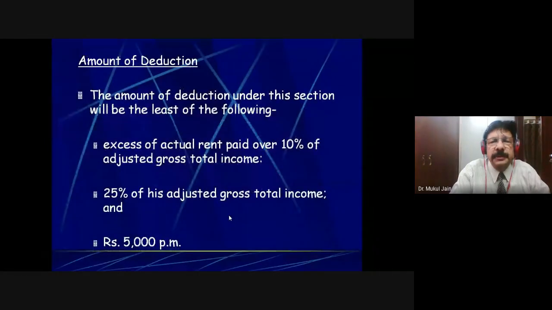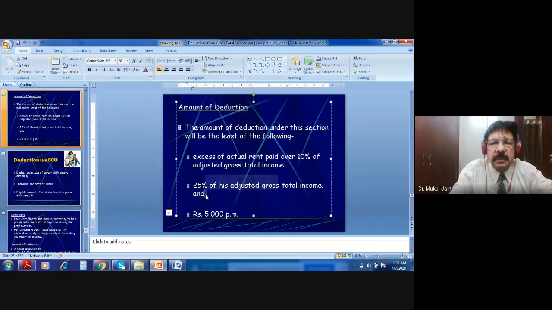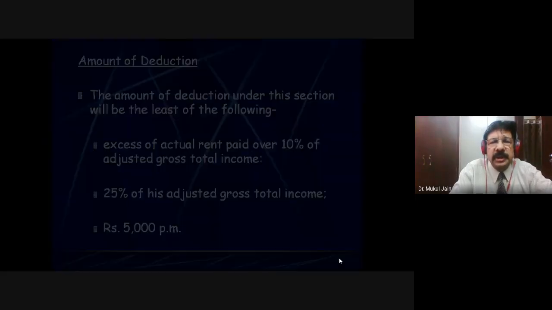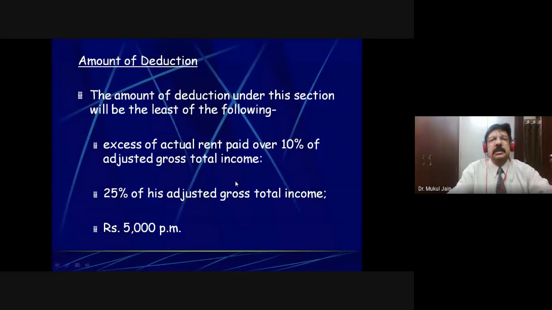So the amount will be the excess of actual rent paid over 10% of the adjusted gross total income, or 25% of his adjusted gross total income, or 5,000 per month. The least of these will be his deduction.